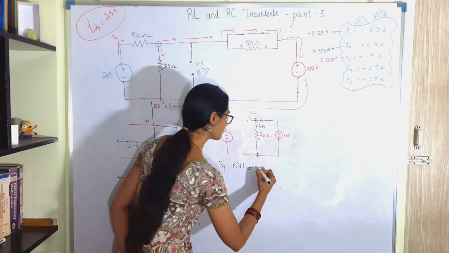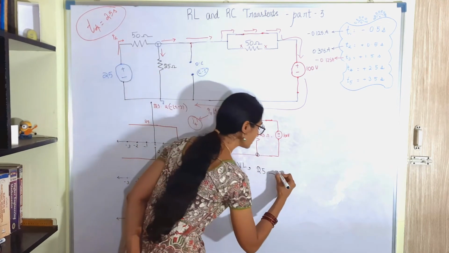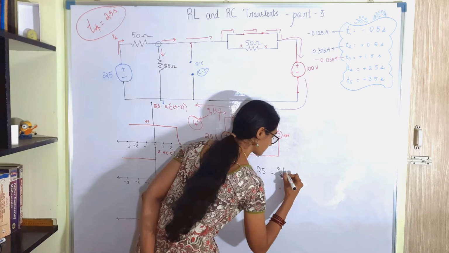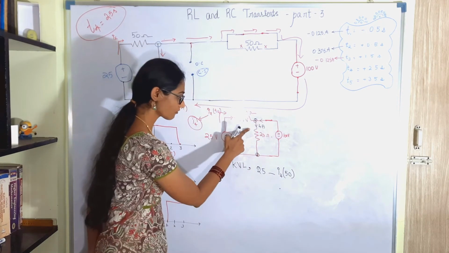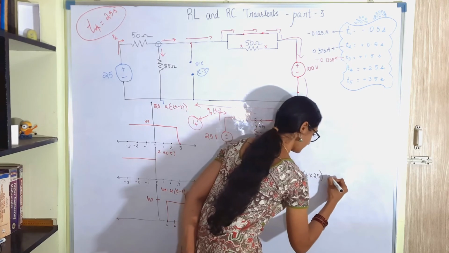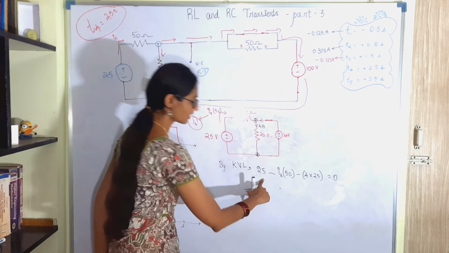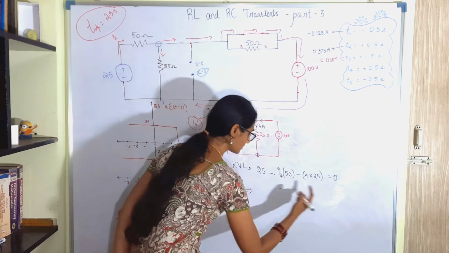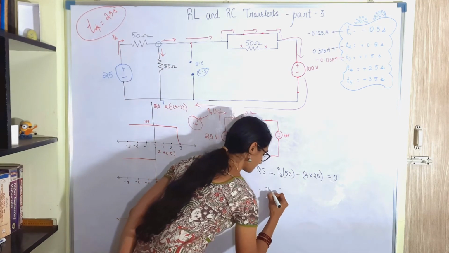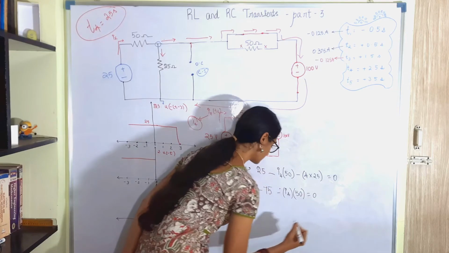we can say that 25 minus I4 into 50 minus 4 into 25 equals 0. So this implies 25 minus 100 minus 75 equals 0.